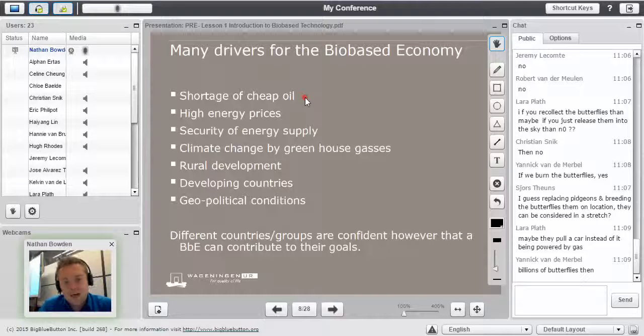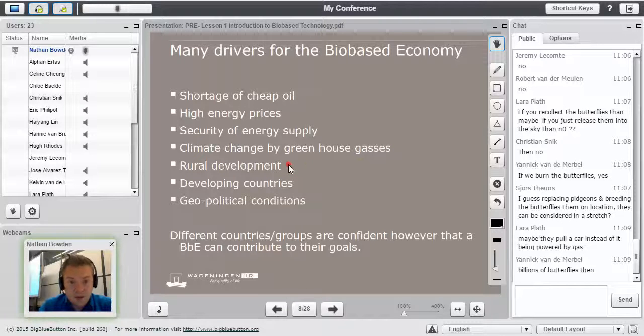And how much does it cost now? Very high energy prices, and I'd like to bring the energy prices down. Security of energy supply is very important, especially if, like in the Netherlands, you import most of your energy. Climate change by greenhouse gases.